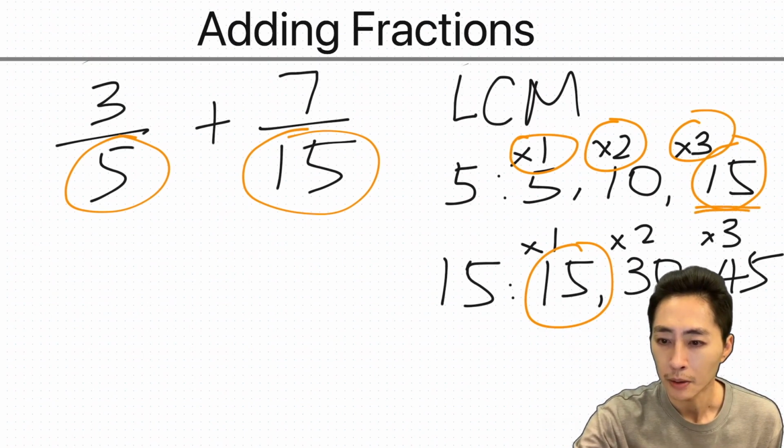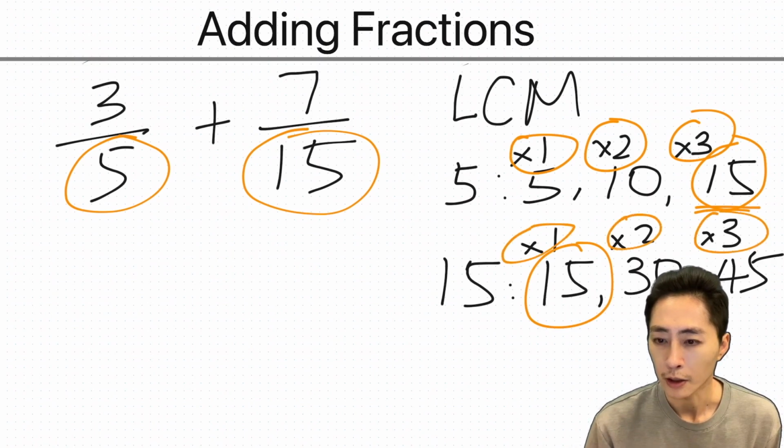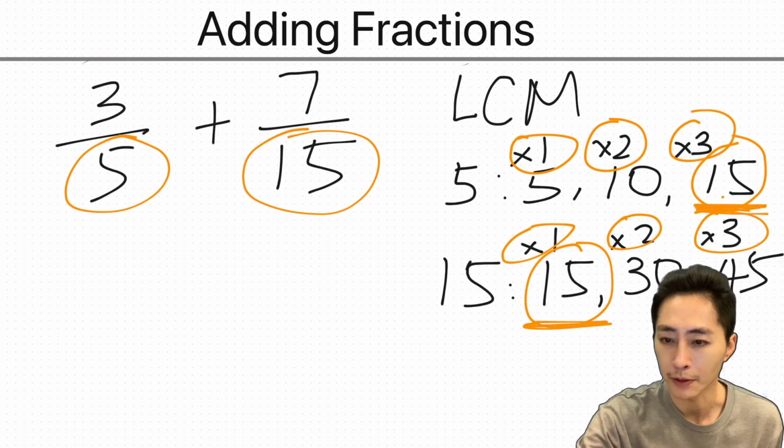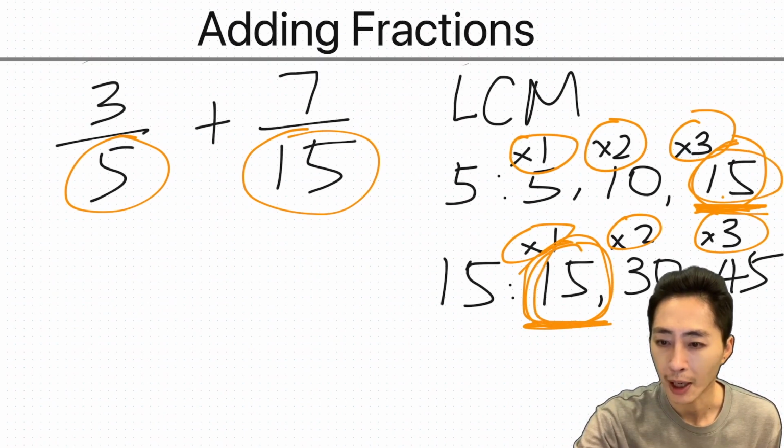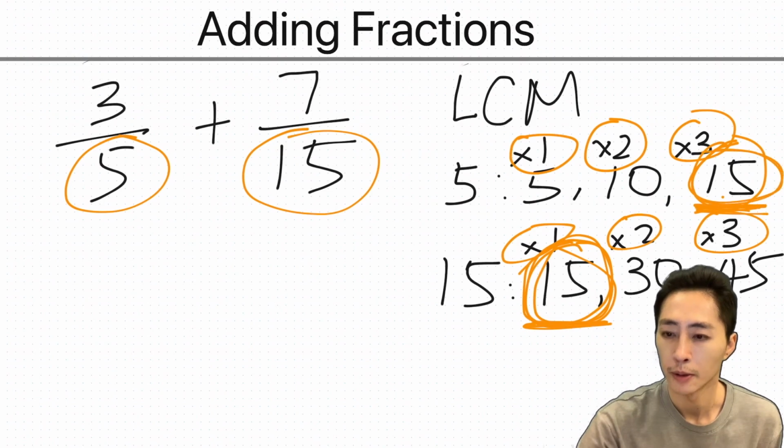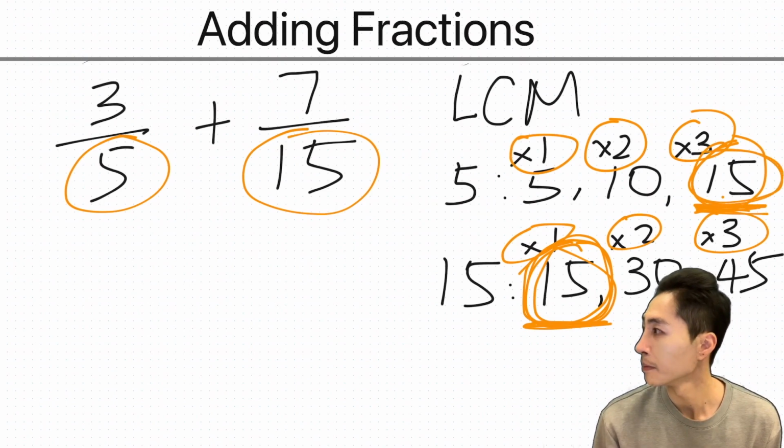For 15, we only multiply by 1. 15 is the number that both 5 and 15 have as a multiple, and it is also the lowest possible number. Does that answer your question?